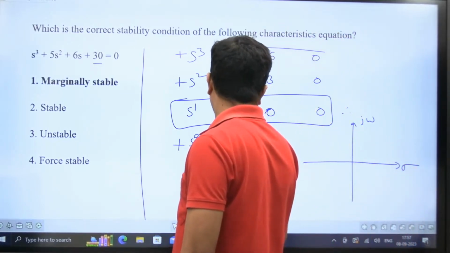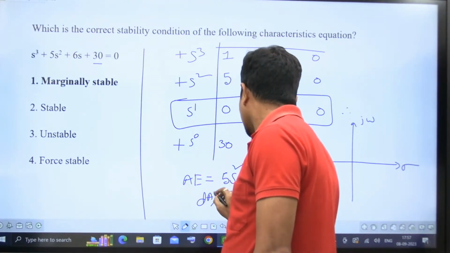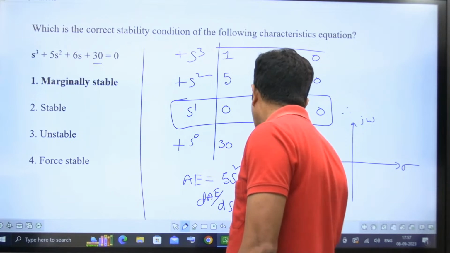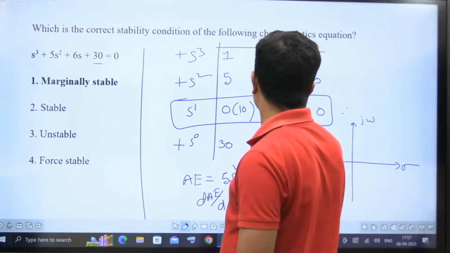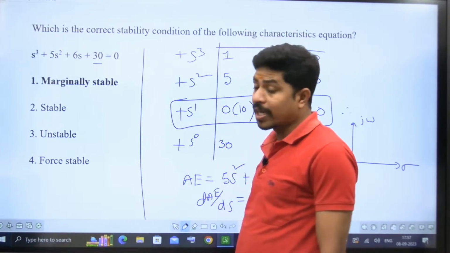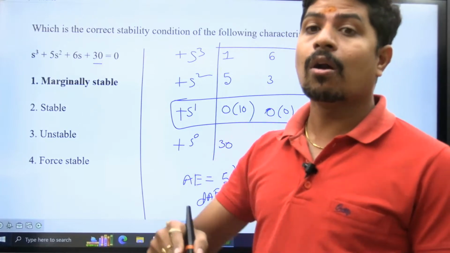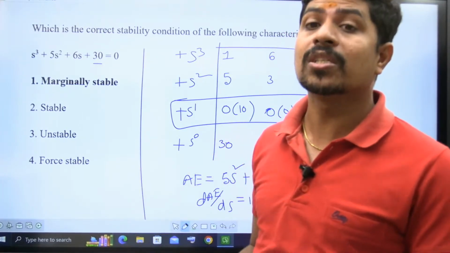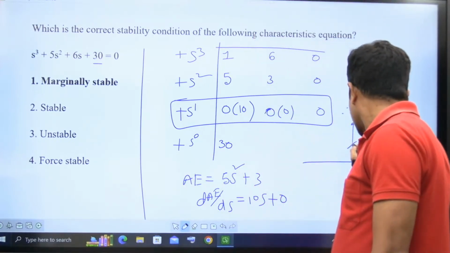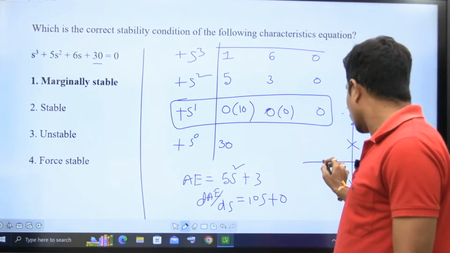That is 5s square plus 30. Now the derivative of the auxiliary equation coefficients are filled in that row: 10 and 0. So this is 10, this is 0, this is also plus. No sign change in the first column of the array, and one complete odd power row, the s power 1 row, became 0. Therefore, two roots are symmetric with respect to origin, and the remaining one root will be in the left half of the plane.